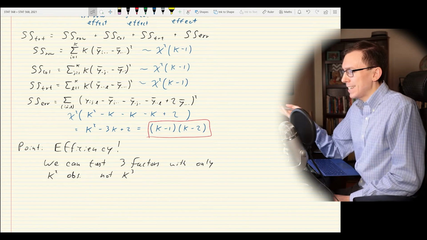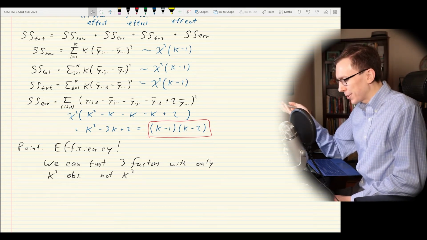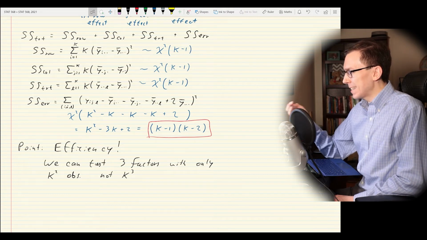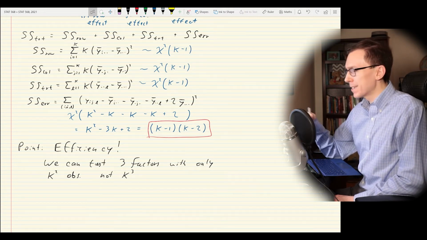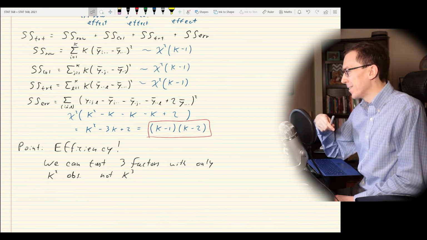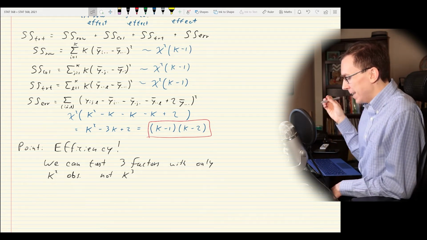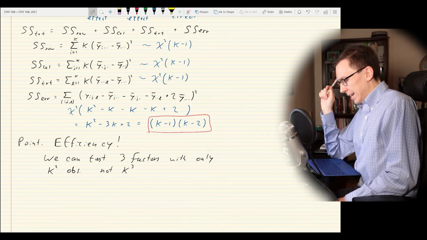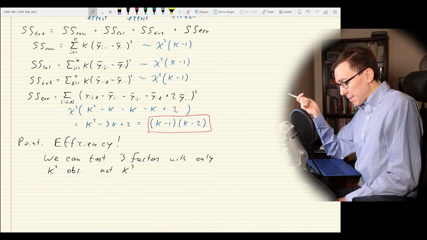Like going from 16 to 64 is a pretty big increase, and you may not have the budget or the ability to collect that much data in your experiment. If it's 10 by 10, you're going from 100 to 1,000, which is quite extreme, and gets worse from there. Yeah, so that's really the main thing.